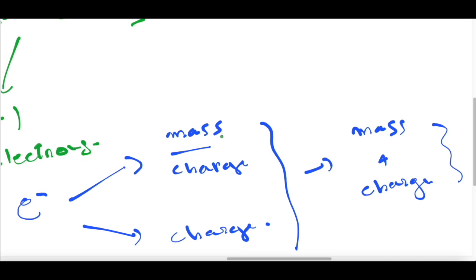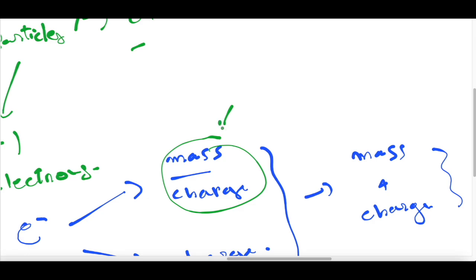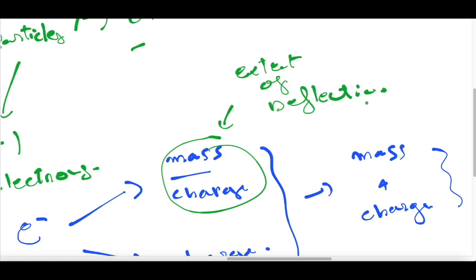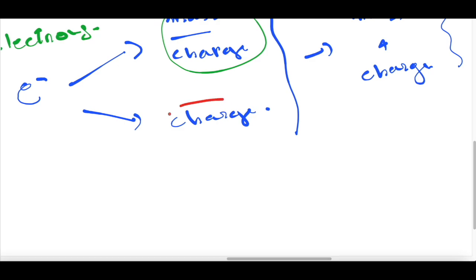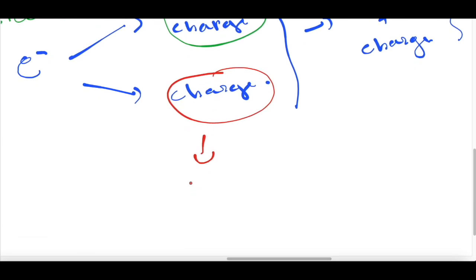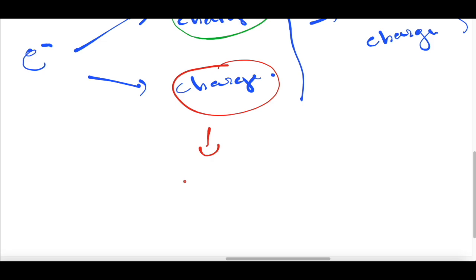This mass to charge ratio was determined from the experiment of the extent of deflection of the light. And the charge of a single electron was determined from the experiment of the charged oil droplet.